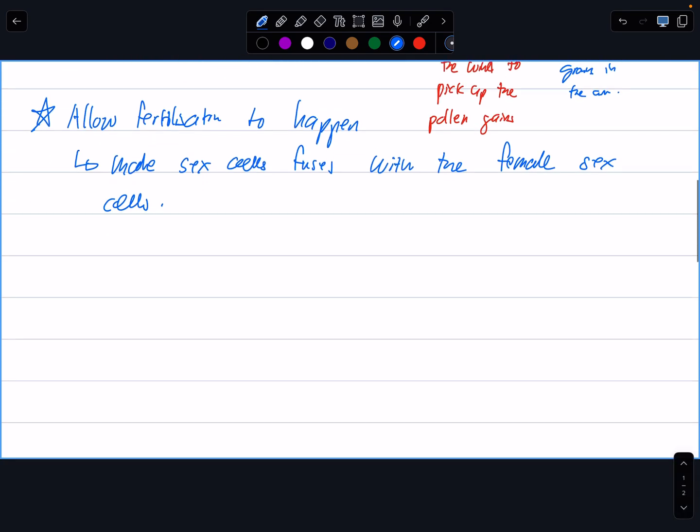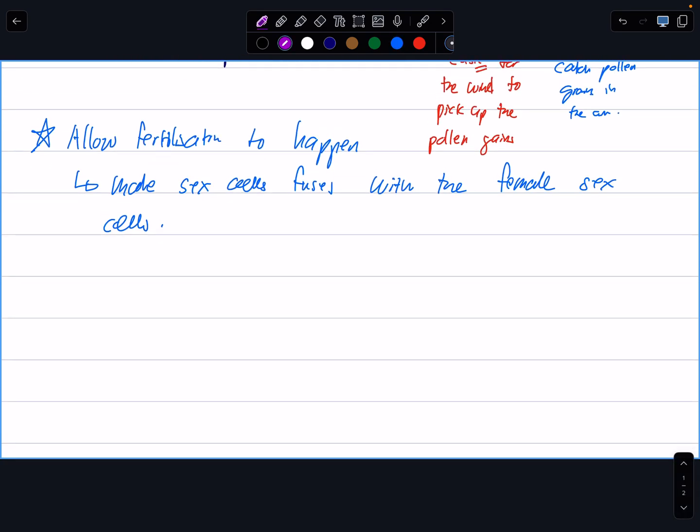And then the next thing you need to understand is the structure of the ovary. Now inside we have something known as the ovules. It looks something like this. Let me try and draw it properly as best as I can.